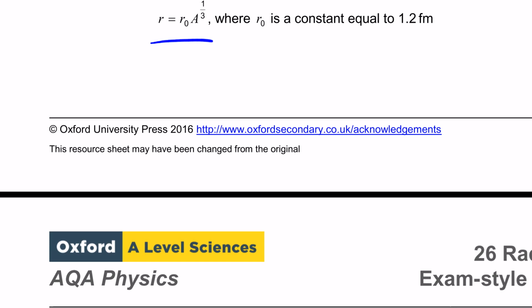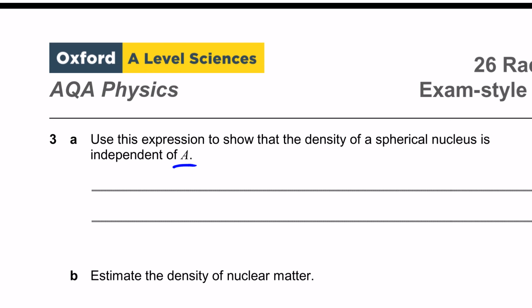From above, R equals R naught A to the 1/3. Volume is proportional to A, because volume is effectively area times depth.